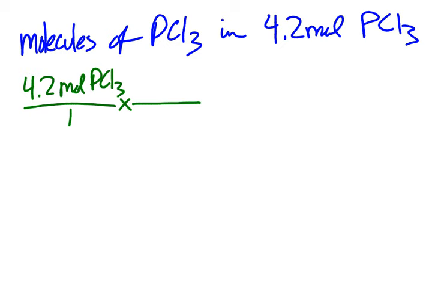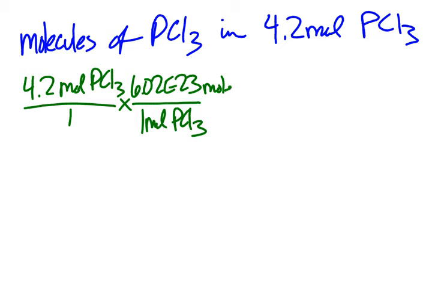So in this case, 1 mole of PCl3 is 6.02 times 10 to the 23rd molecules of PCl3.